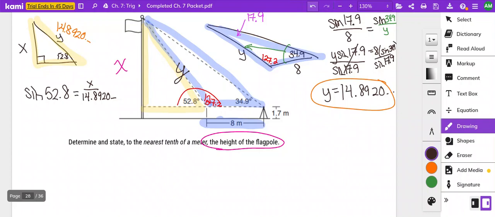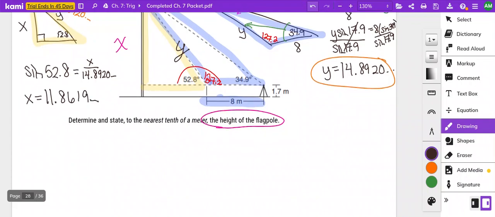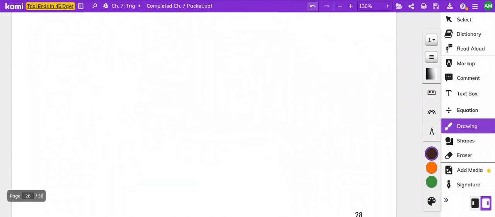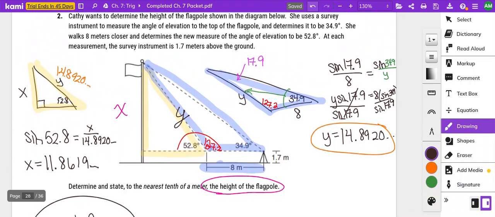Then I'm going to cross multiply, and when I do, I get x is equal to 11.8619, which to the nearest tenth is 11.9 meters. Oh, I also love how there was all this space and I completely just did it all up here.